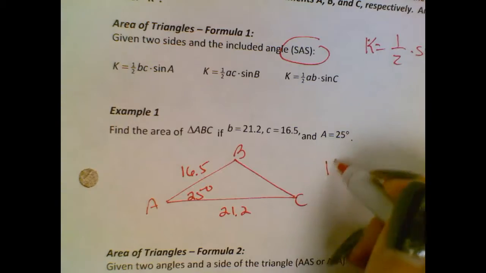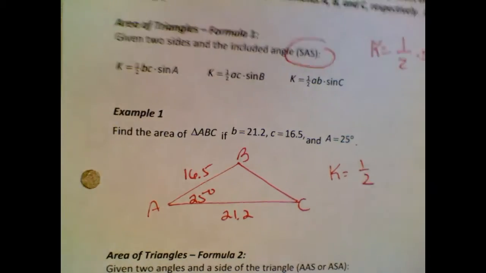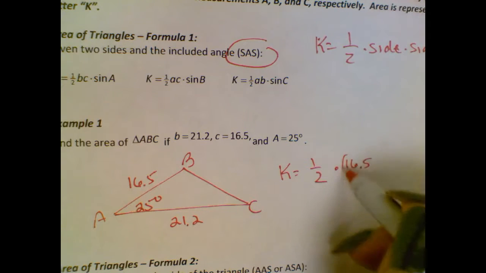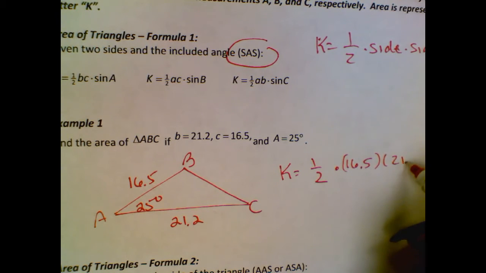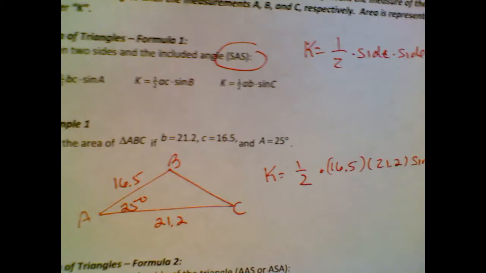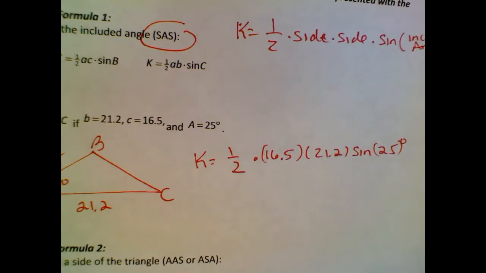So your area is just 1/2 side, and it doesn't matter which side you use first, times side, times sine of the included angle. So go ahead and punch it in your calculator. Just so you guys know, I don't usually use 1/2 on my calculator.